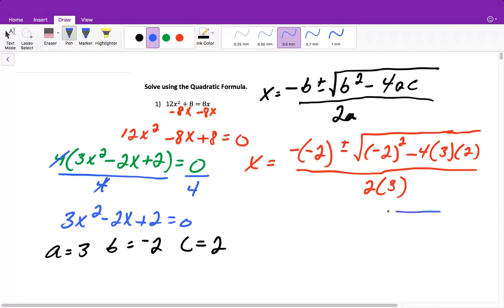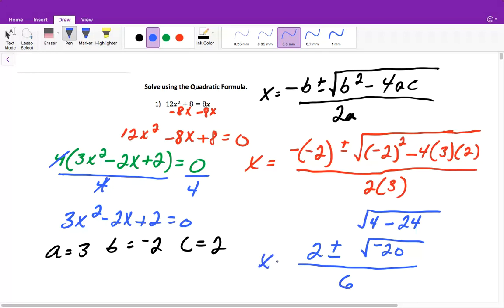So this will then be the square root of negative 2 squared is 4, minus 4 times 3 is negative 12, times 2 is negative 24. And then that will reduce to negative 20. So then we have positive 2 plus or minus the square root of negative 20 over 6.